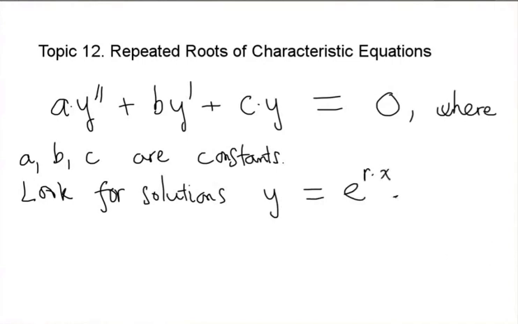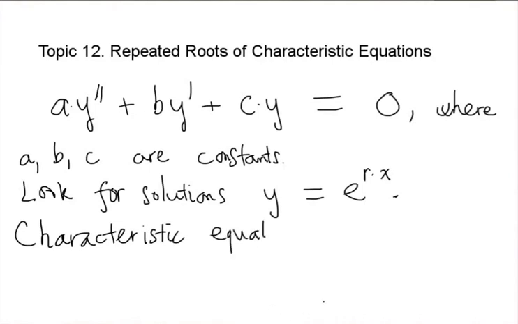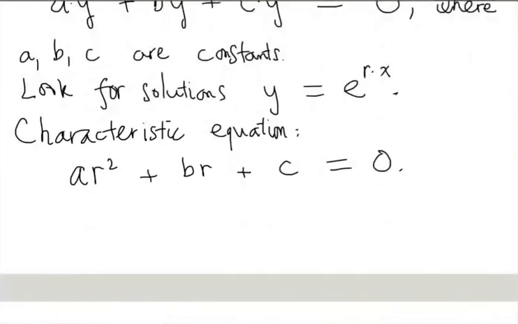Then we have the characteristic equation a r squared plus b r plus c equals 0. From the characteristic equation, we solve for r, and if we have two distinct values r1 and r2, then we have two solutions y1 and y2 in the previous topic.